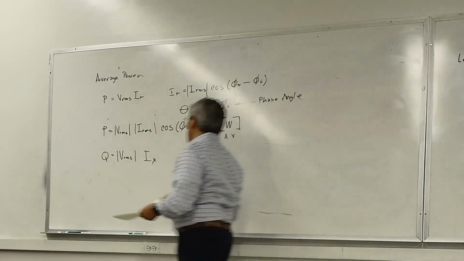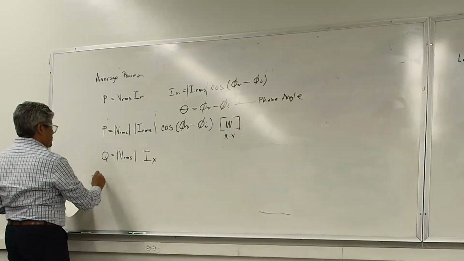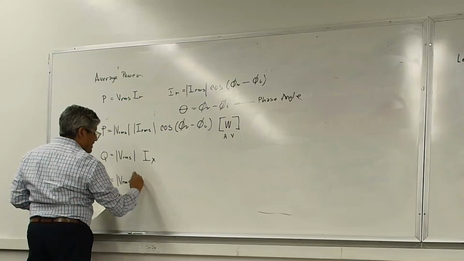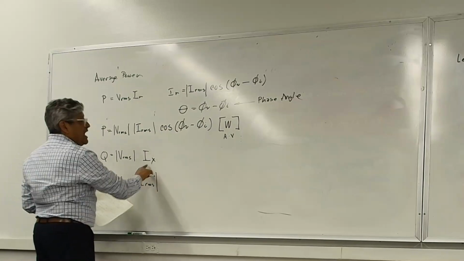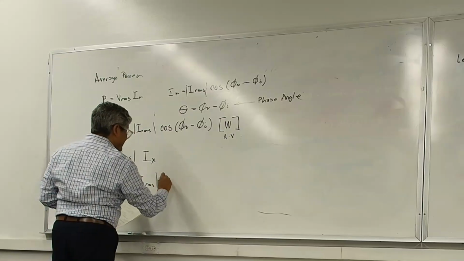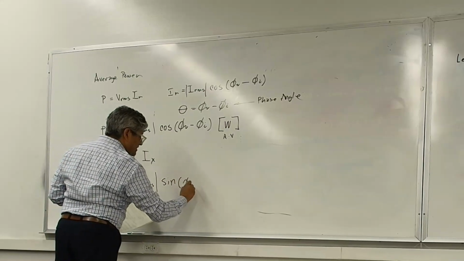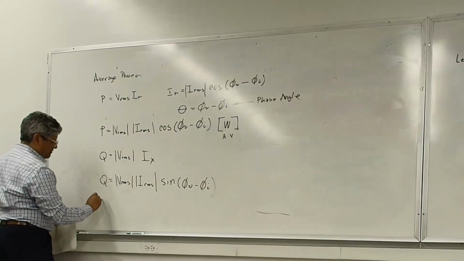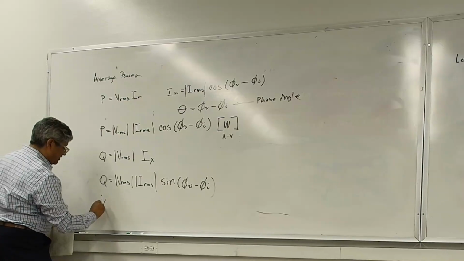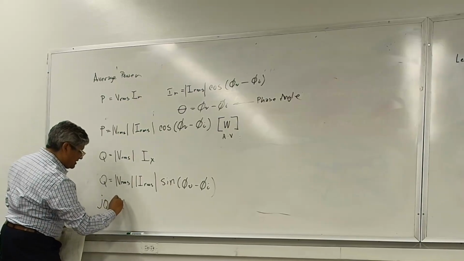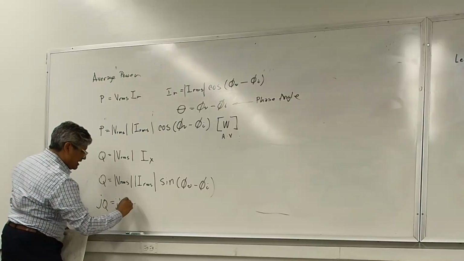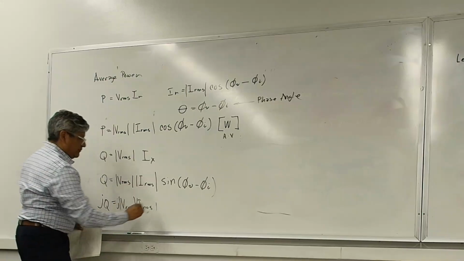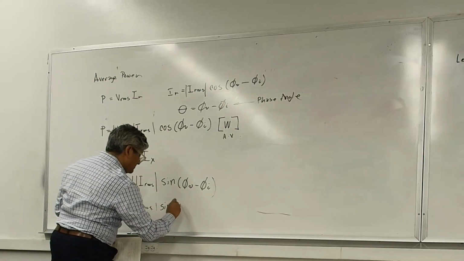So IX is equal to VRMS magnitude times IRMS magnitude, and IX is the sine of the voltage angle minus the current angle. Or better yet, just for the sake of completeness, this is the imaginary part: JQ is equal to VRMS J IRMS, both magnitudes, sine of theta.